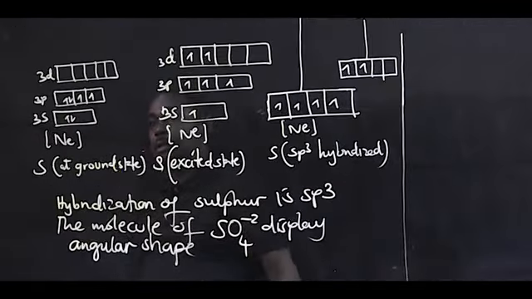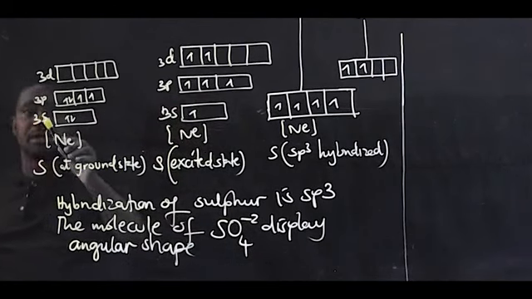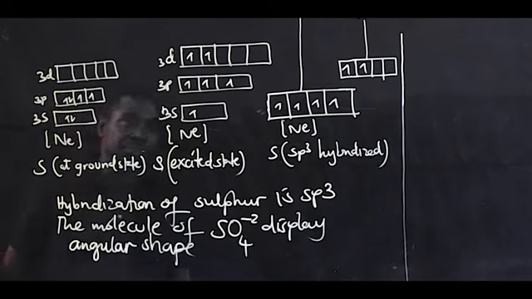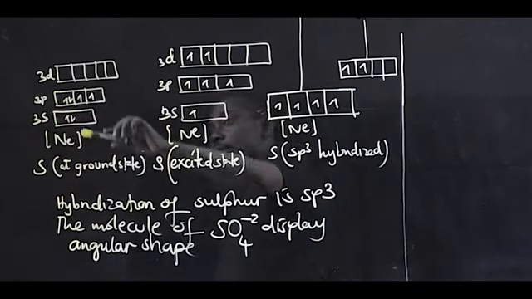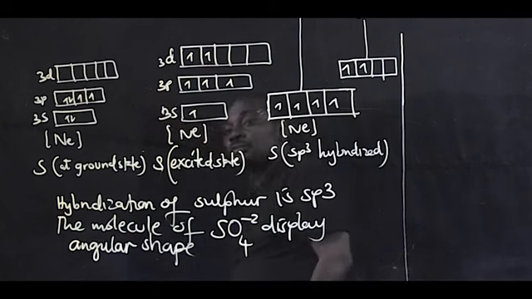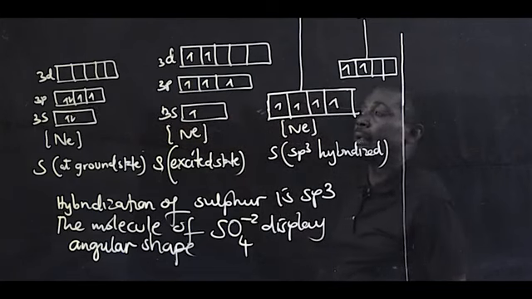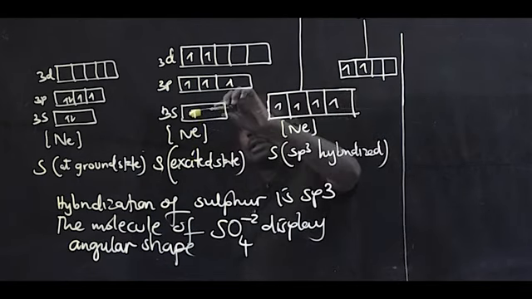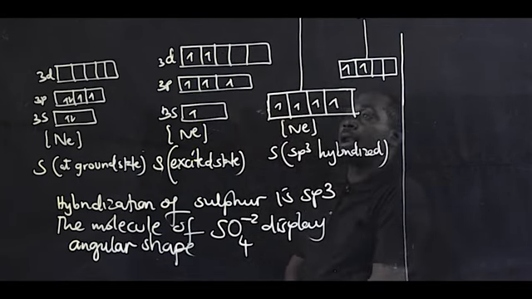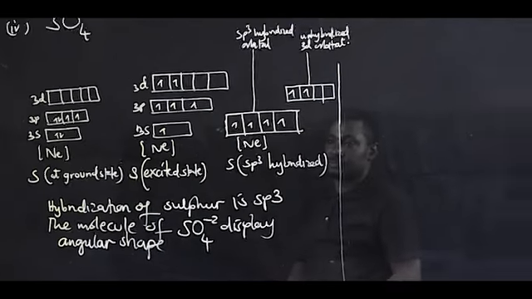Sulfur at ground state has outermost shell number 3 having s, p and d subshells, with electrons filled in 3s and 3p. In order to have 6 unpaired electrons, 1 electron from p and another 1 electron from the s orbital are promoted to the vacant d orbital, which results in sulfur having 6 unpaired electrons.